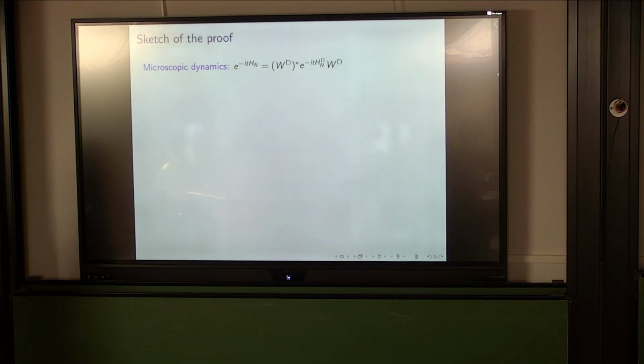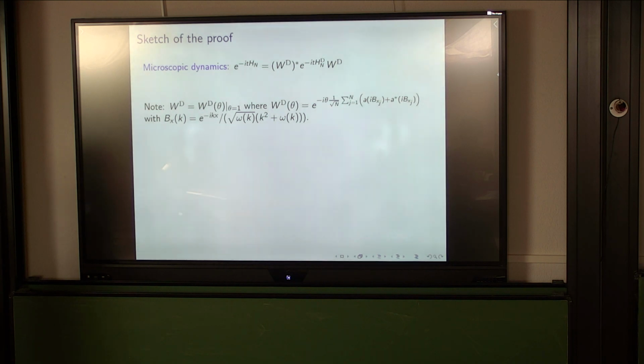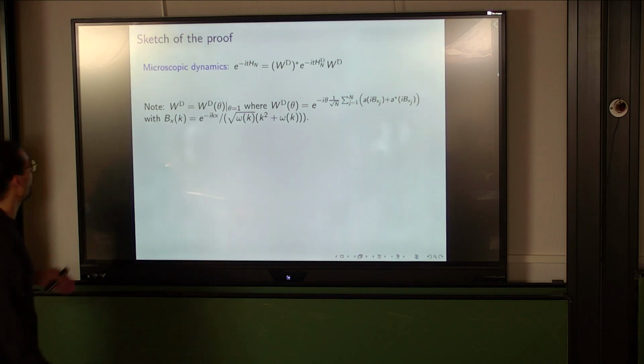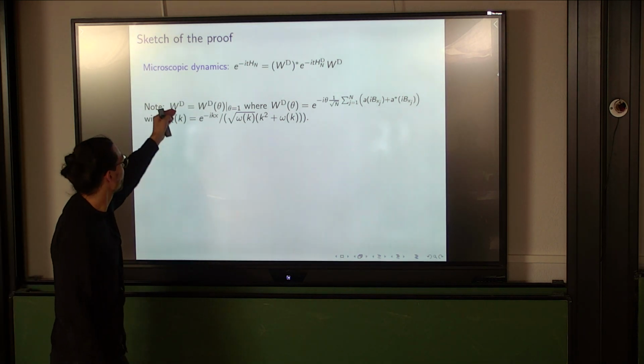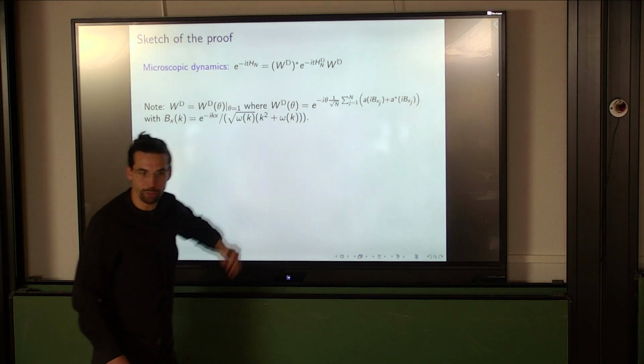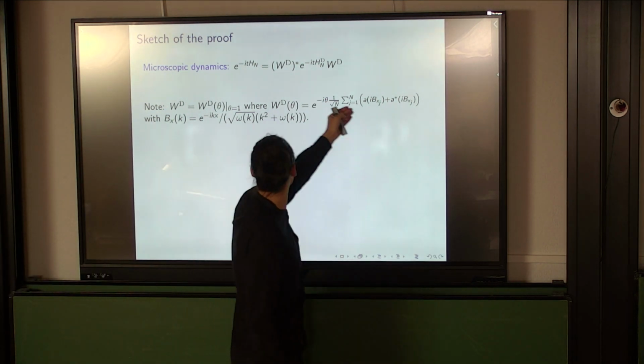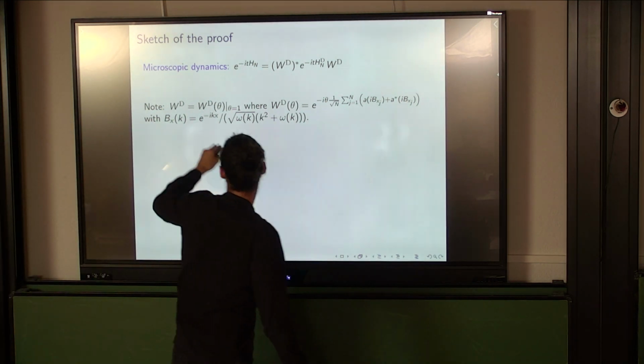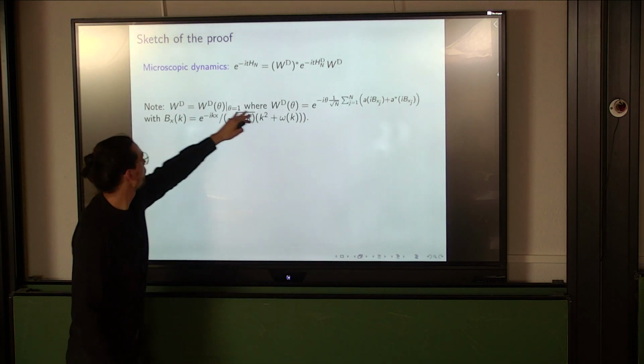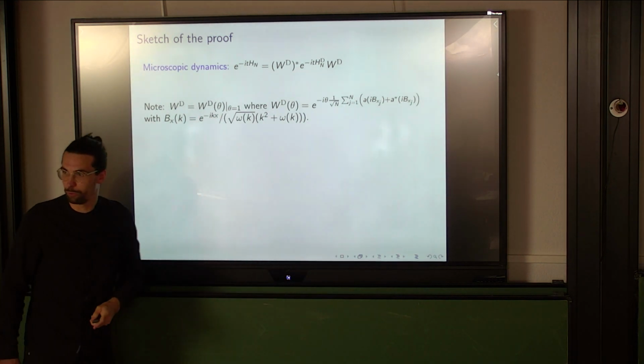And what one can do, and this is the observation I mentioned before from the article of Amarie and Marco Falconi, is that one can insert a parameter into the dressing and think of the dressing as an evolution by itself, which is generated by this operator, and this is just the B function with cutoff which appeared before.